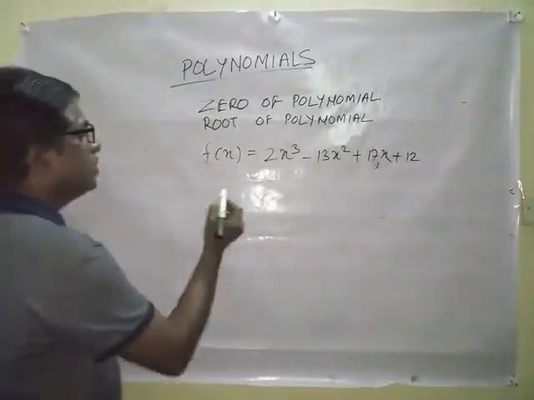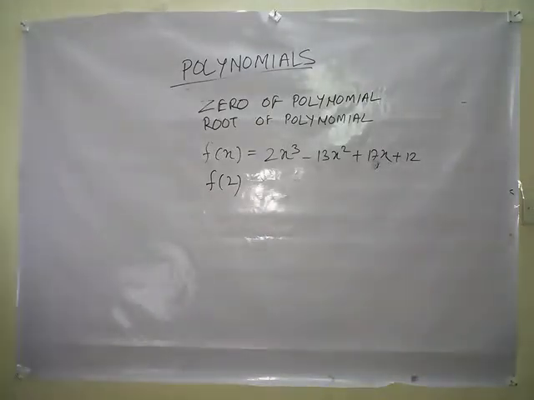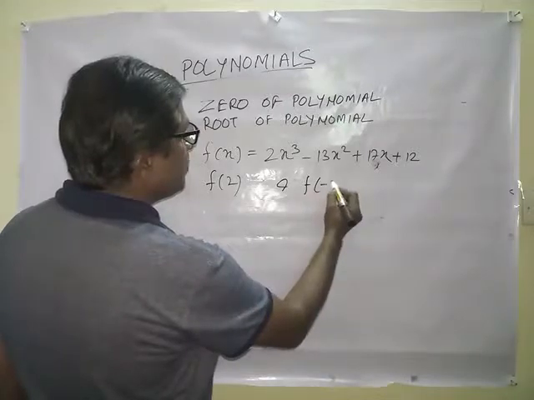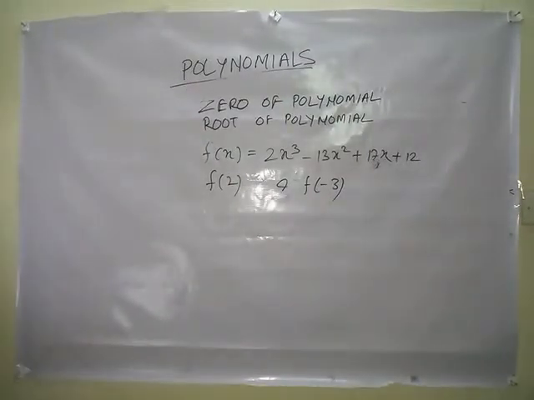Now you are asked to find out f(2) and f(-3). What do you have to do in such a case?